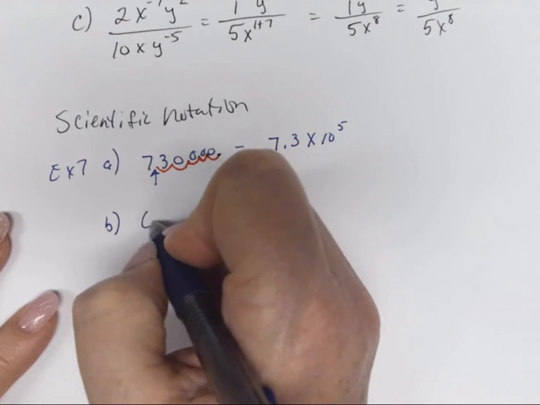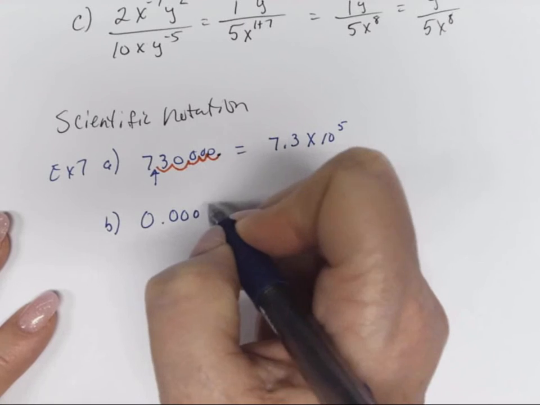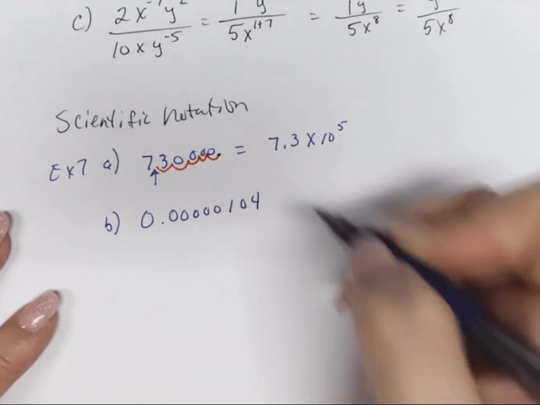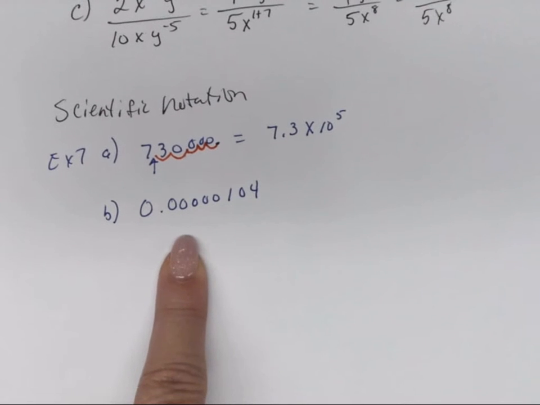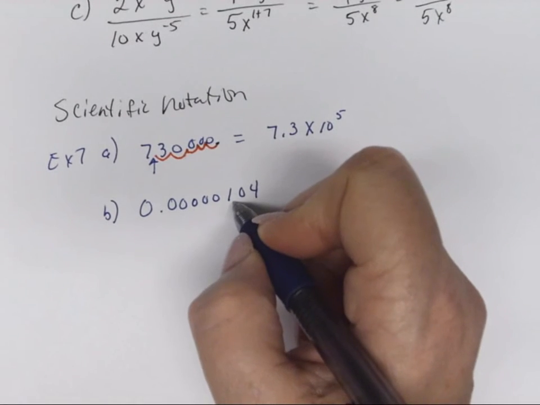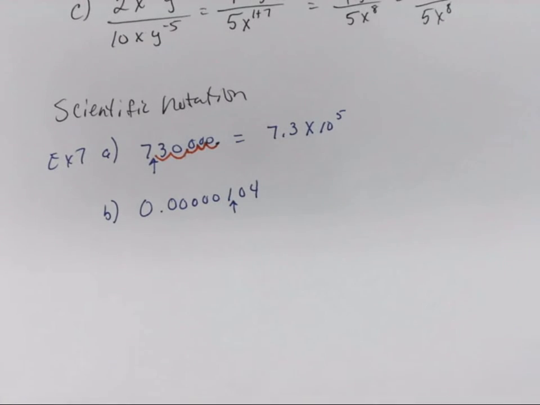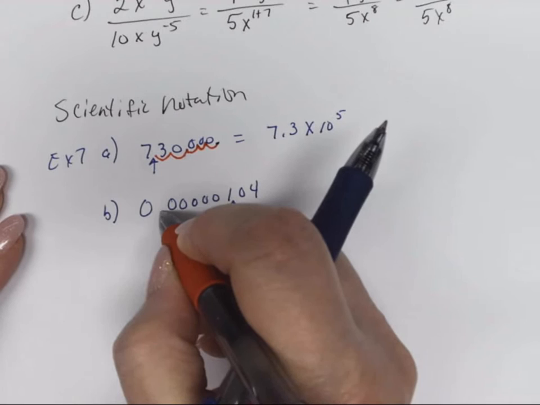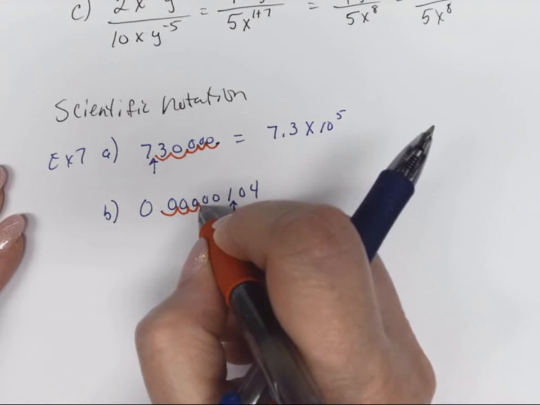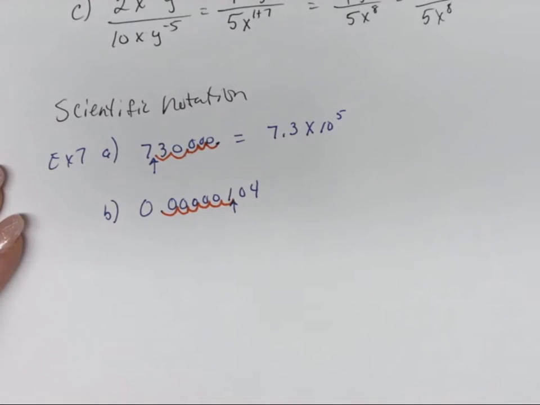If we have 0.000000104, this is a really small number. Again, we have to get our decimal behind that first number that's not a 0. So we're moving the decimal this way: 1, 2, 3, 4, 5, 6 places.